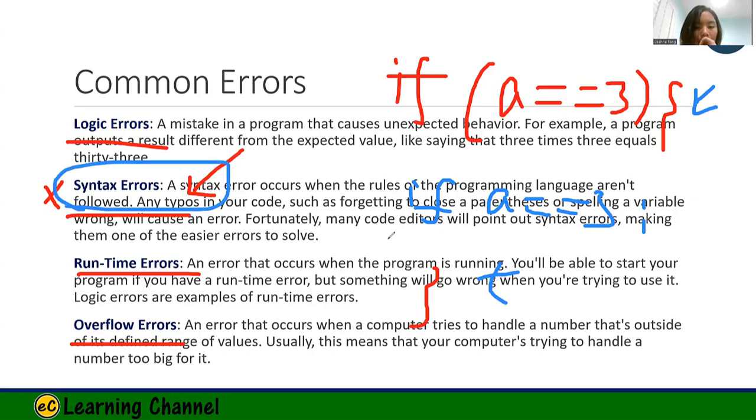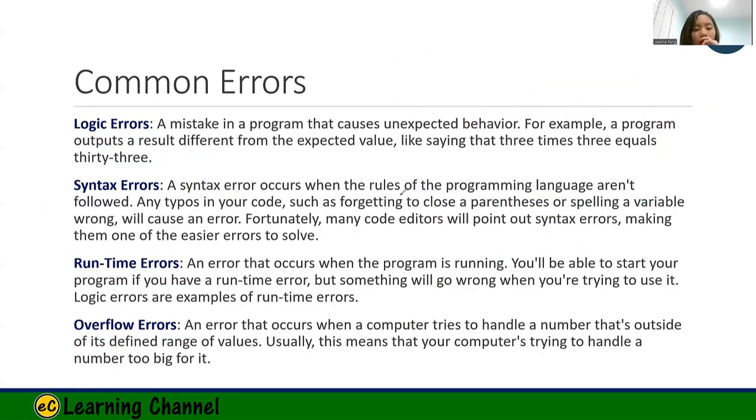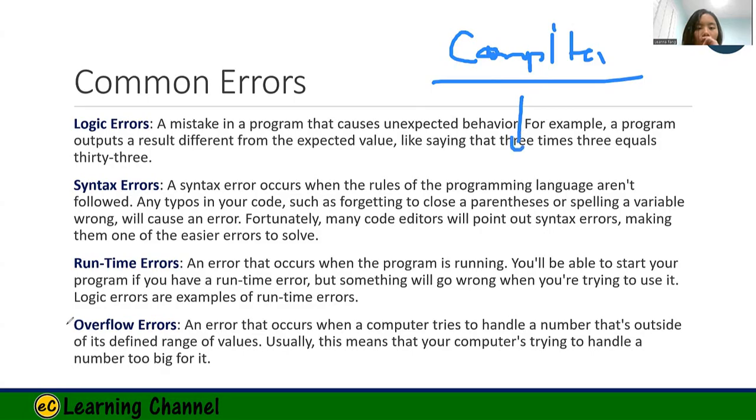Is that okay? Yeah. So syntax error means that you don't follow the language and the compiler doesn't allow you to pass. Then it's called syntax error. So if your compilation fails, it's called a syntax error. Sometimes you may pass it, and when you run the program, you may end up with a problem called runtime error.